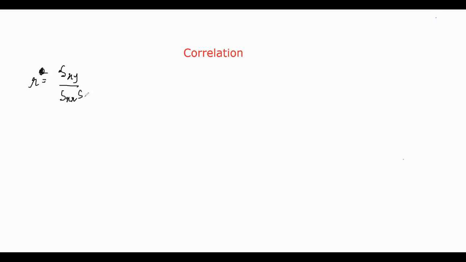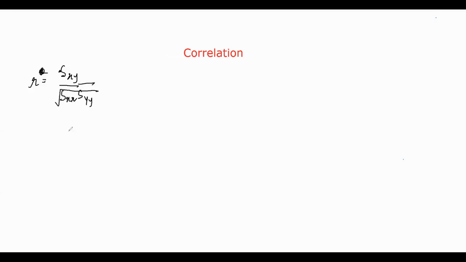Hello guys. So now what we'll do is the following. We will understand more about correlation. So what is correlation? I told that R is actually defined. The correlation is defined as R squared, rather, is SXY by SXX by SYY.